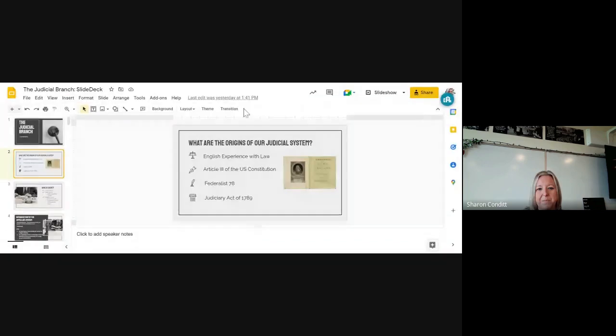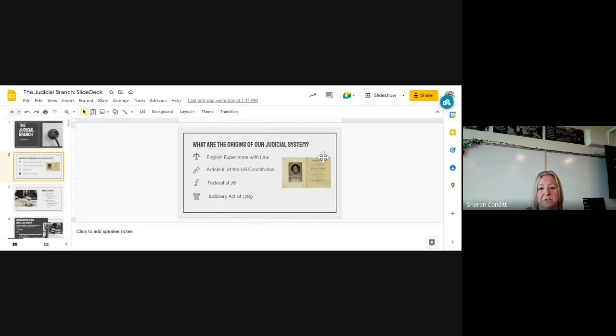What I want to have us walk into today is continuing on the origins of our judicial system. We've talked about the English experience with law, and we've, of course, spent some time on Article 3 of the Constitution. You've just read Federalist 78, and so I want to wrap up today with the Judiciary Act of 1789.